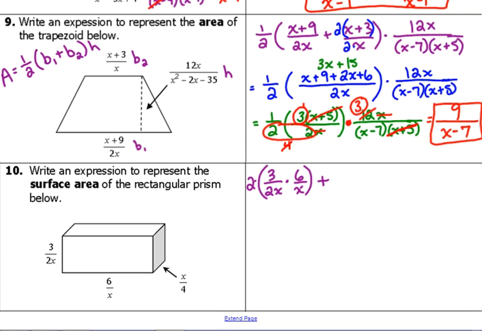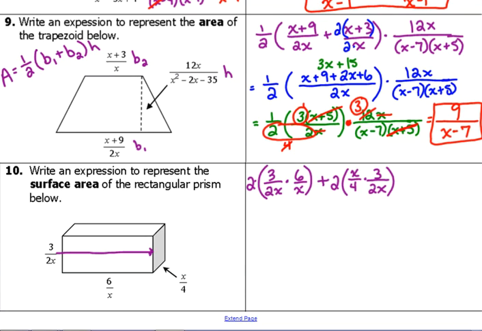Plus, let's see here, we've got the gray face here, the face on the end. We've got 2 of those, and it is x over 4 times, what's the height of that one? 3 over 2x. The same measurement from over there on the left side.